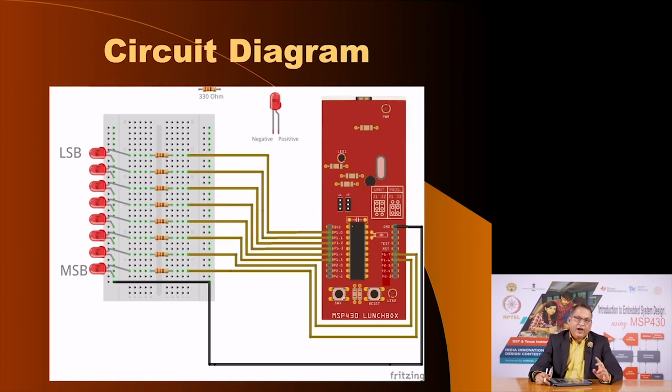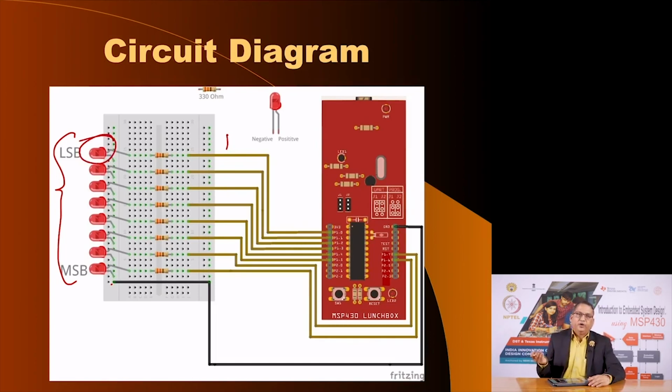Here we are going to do that, except we are not just toggling a single LED, we are actually counting on 8 LEDs which we connected to port 1 bits. As you see, all these LEDs are grounded, which means whenever a bit is 1, that LED is going to glow.